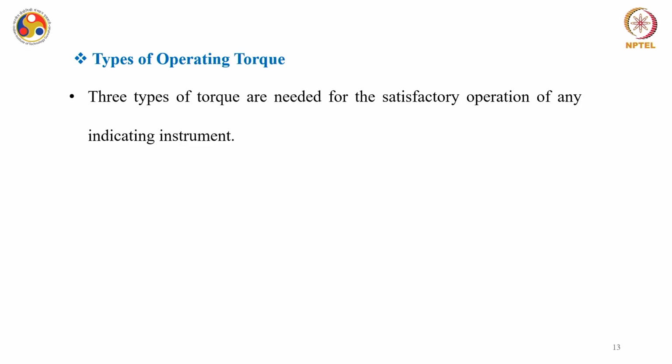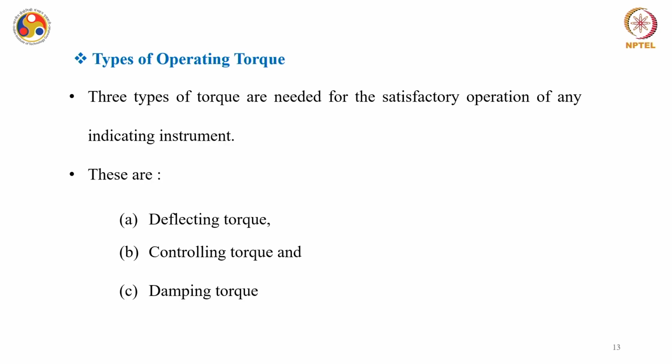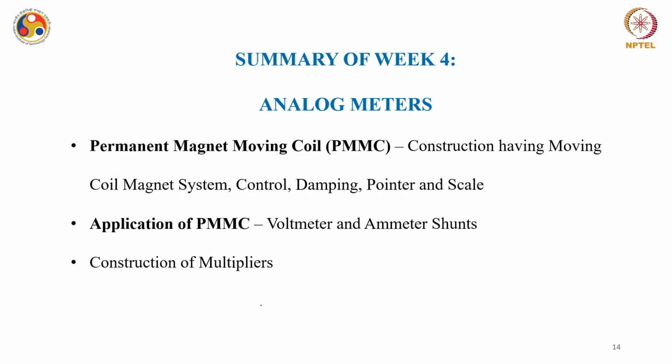Then we have seen three different types of torques which you require in operation of any analog meter: deflecting torque, controlling torque, and damping torque, and we have seen their utilization in the measurement of any value like current or voltage.